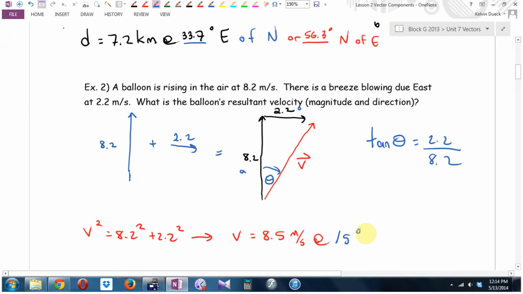Do you get those two numbers? How could I describe this direction? I can't say north, because north is not up in this picture. Up is up.